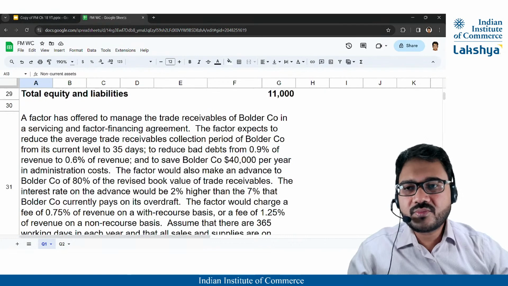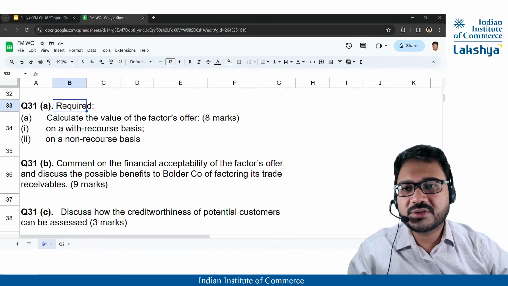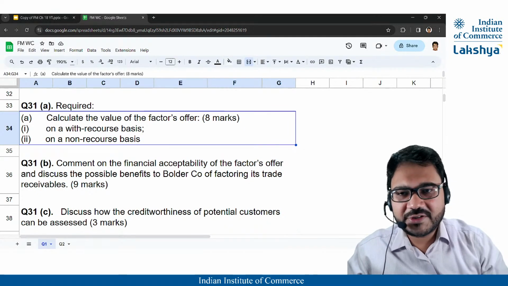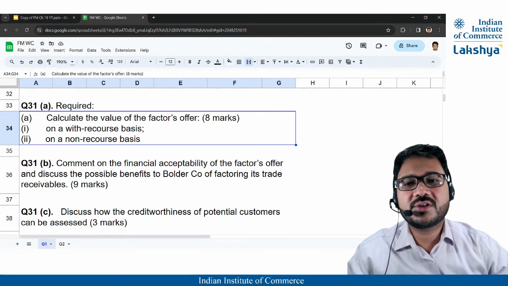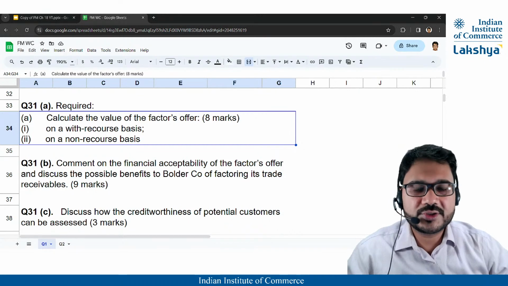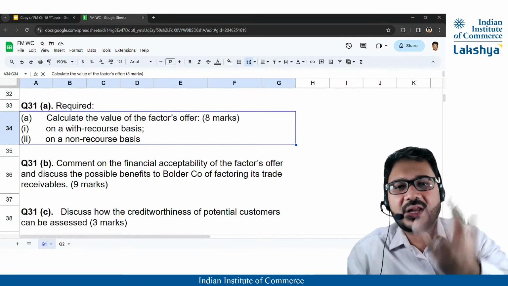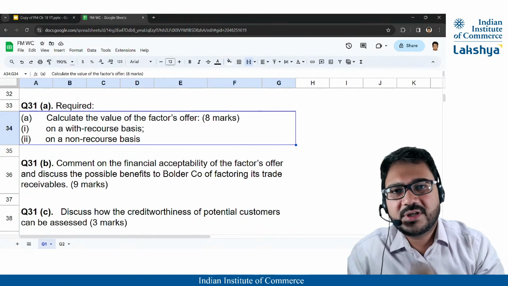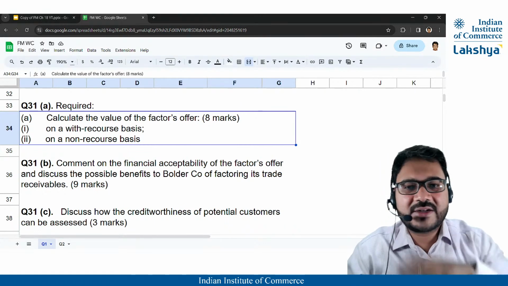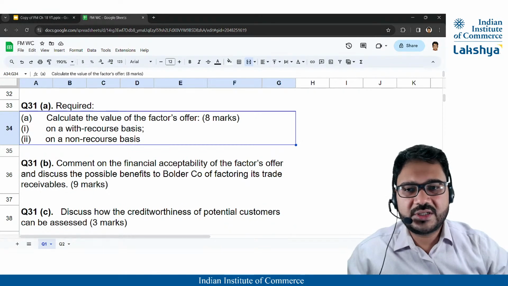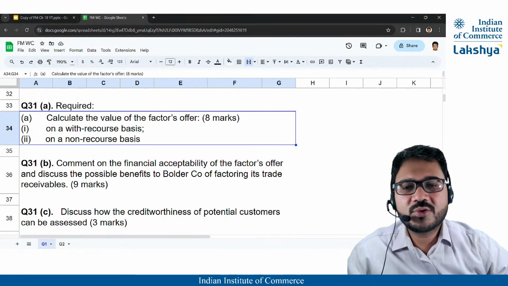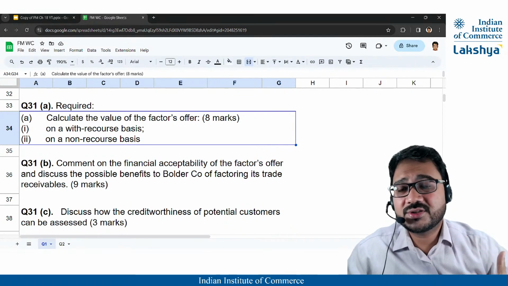Our requirements: we are required to calculate the value of the factor's offer on a with recourse basis and on a non-recourse basis. So I understand now that this question is from working capital, receivables management. It has to do with the factoring concept that we have studied. From a factoring agent's point of view, what services do factoring agents give us?